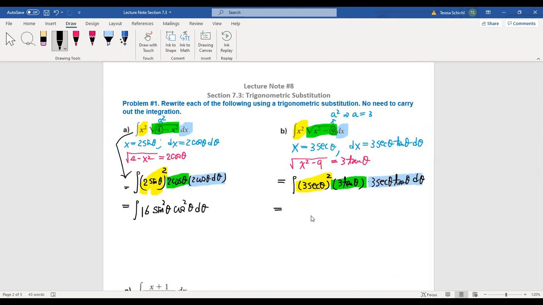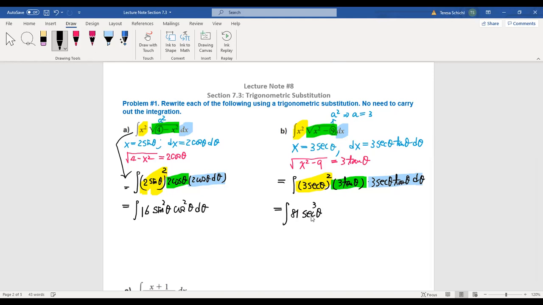So let's see here. It's 9 to 9, 3 to 3, the square is 9. 9 times 9 is 81, right? So I have this is 81. Then this is a secant square, secant to the cube theta, right?